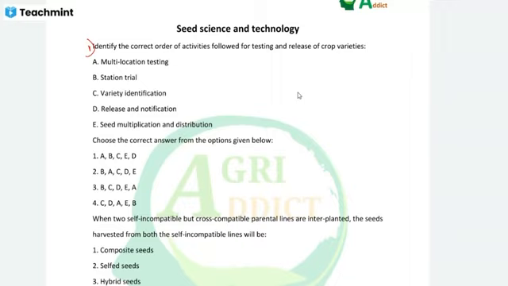Can anyone tell me what the criteria is for release and notification of a variety in India, if you are aware of it? If a certain breeder, or any farmer, any person, wants to commercially notify his variety so that it can be sold with his brand name, what is the criteria?